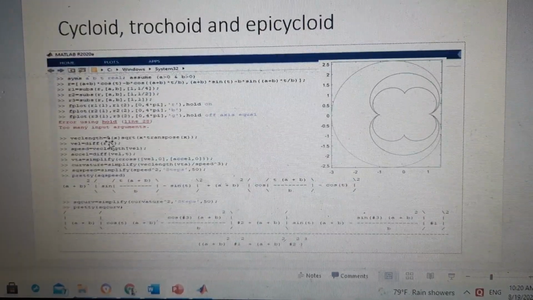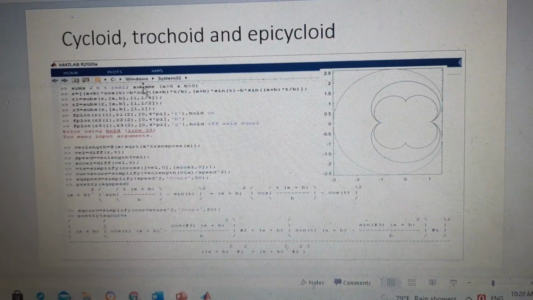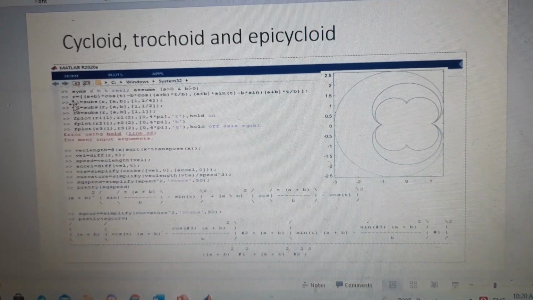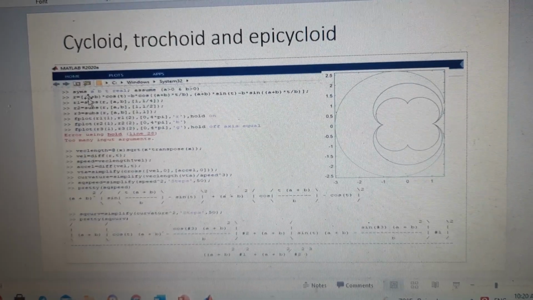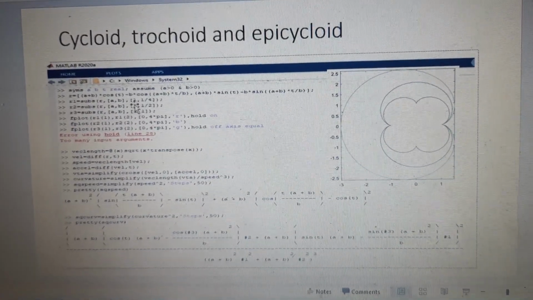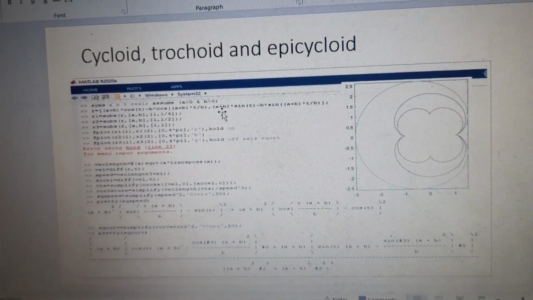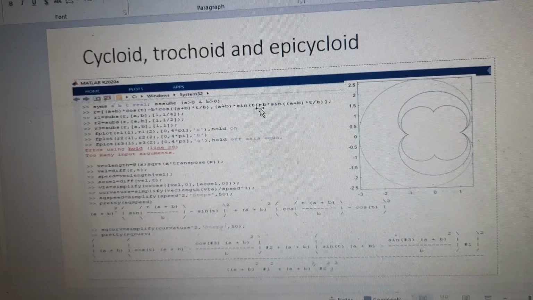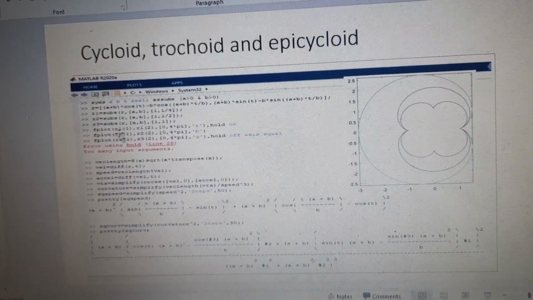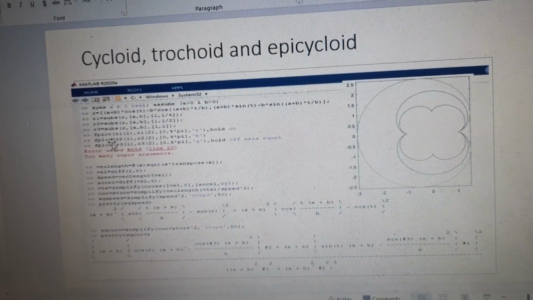In this section, I first define the variables a and b as real, and assume a is greater than 0 and b is greater than 0. Then I put the parametric equation r equals (a plus b) cos t minus b cos((a plus b) t by b), and similarly for y. In this way, plotting this, r1, r2, r3 are defined, and fplot is used.